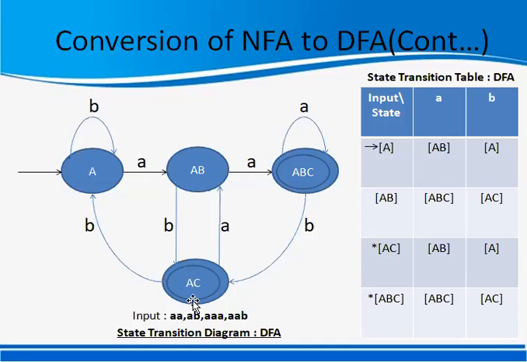Now from state AC, if we have input small b, then we will move to state A and wait for the next input small a, so that we can move to state AB and wait for the last symbol, and it can be either a or b.